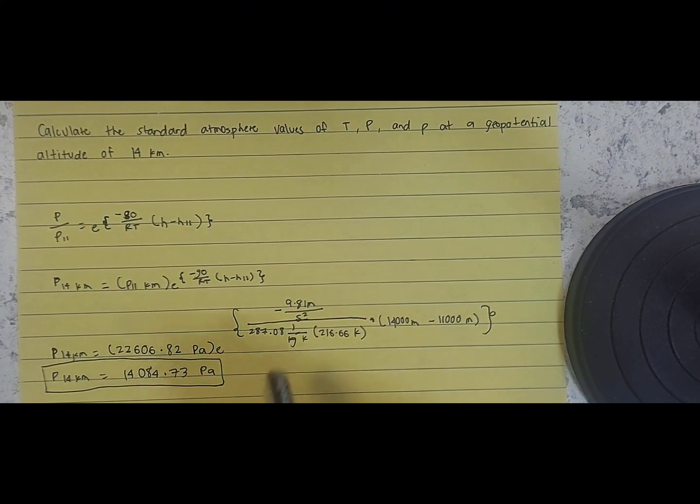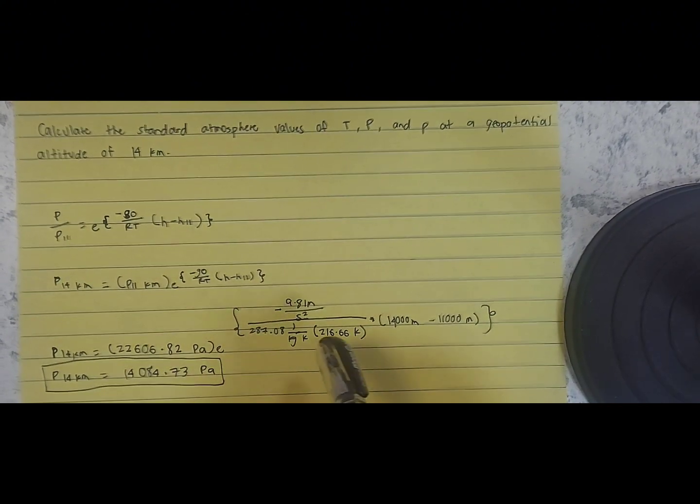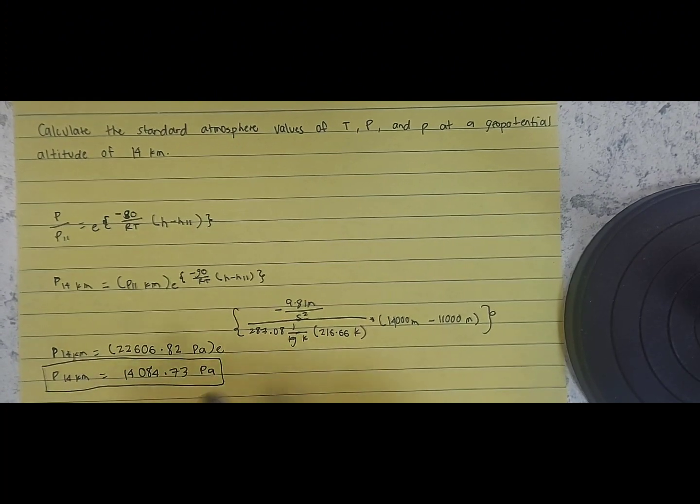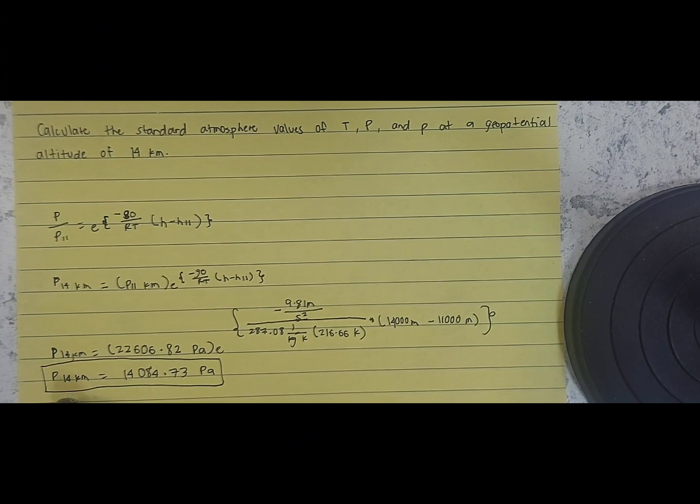So using that equation and substituting all of the values and computing it in our calculator, we can now determine that the pressure in 14 kilometers is 14,084.73.